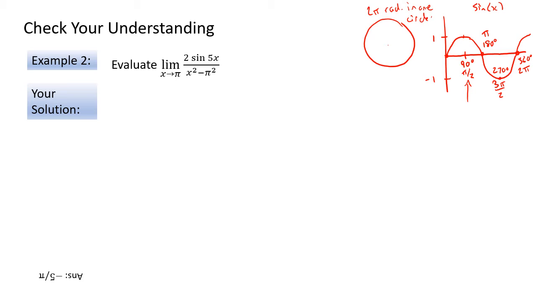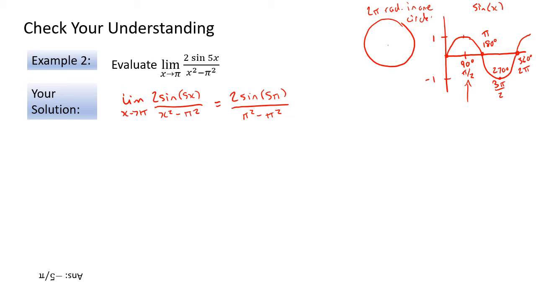So in this case, if we go back to our limit and we substitute in pi, remember that's our first step, we have the limit as x approaches pi of 2 times the sine of 5x divided by x squared minus pi squared. If I substitute in pi, I get 2 times the sine of 5 pi divided by pi squared minus pi squared.